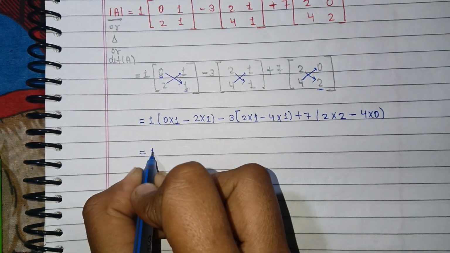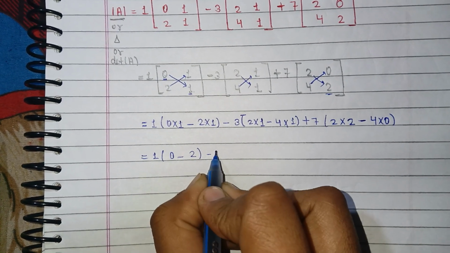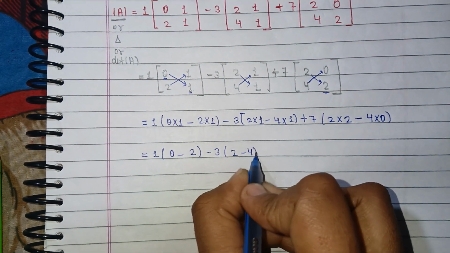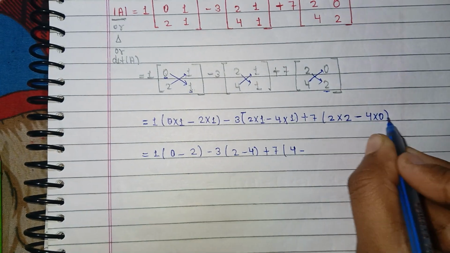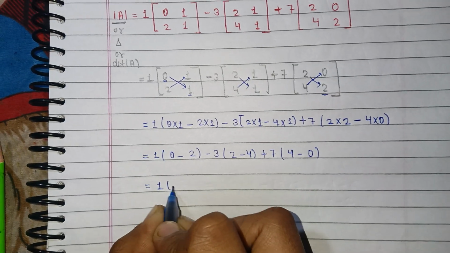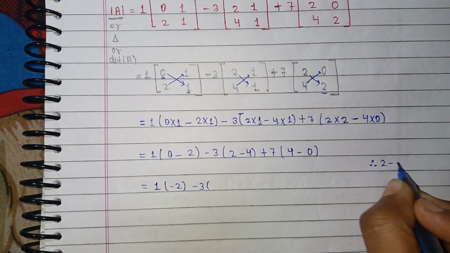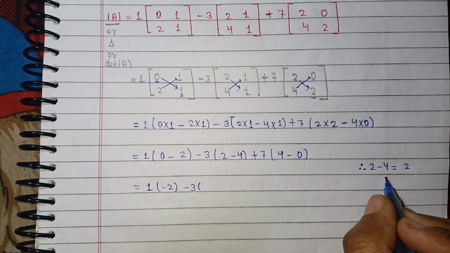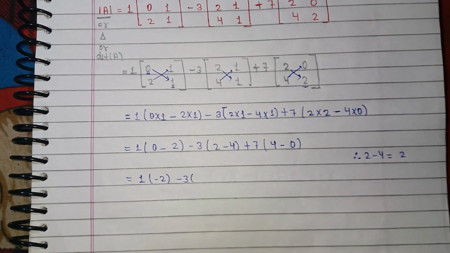So 0 multiply by 0 is 0, 2 multiply by 1 is 2, minus 3, 2 multiply by 1 is 2, 4 multiply by 1 is 4, plus 7, 2 multiply 2 is 4, 4 into 0 is 0. So 0 minus 2 is minus 2, and minus 3 here, 2 minus 4 equals 4 minus 2, which is 2, and the sign comes from the number which has the higher magnitude.